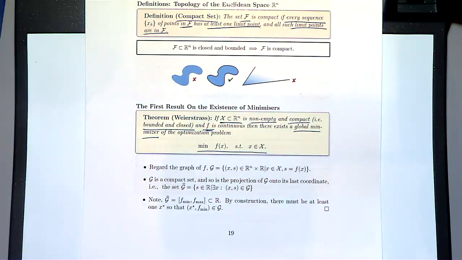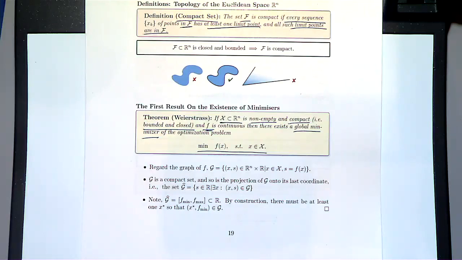The proof, a sketch of the proof, follows these 3 steps. We define the graph of some function f. Given all the elements of set calligraphic X, let's put the value of the function as the last coordinate, so we've lifted things into a higher dimensional space.